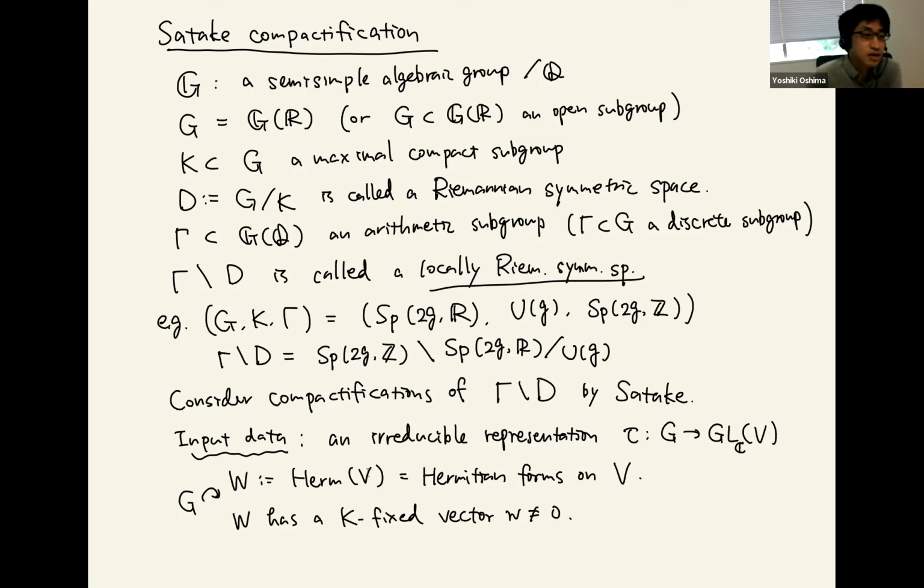And then we take all Hermitian forms on V. This is a real vector space, which we denote by W. And then W has a non-zero K-fixed vector.